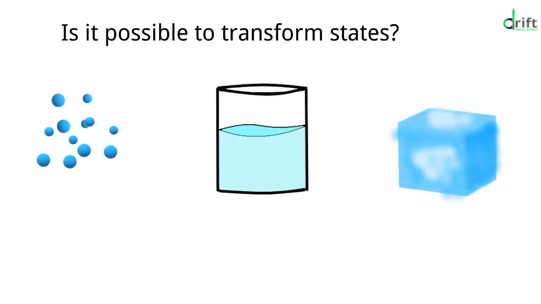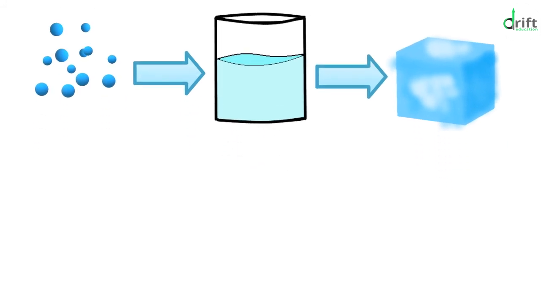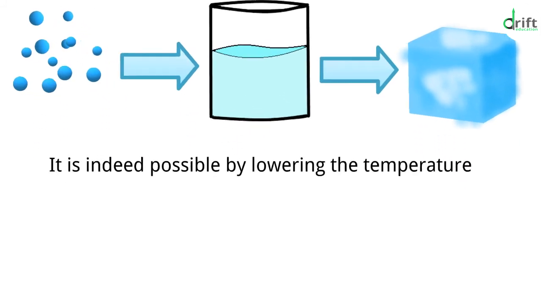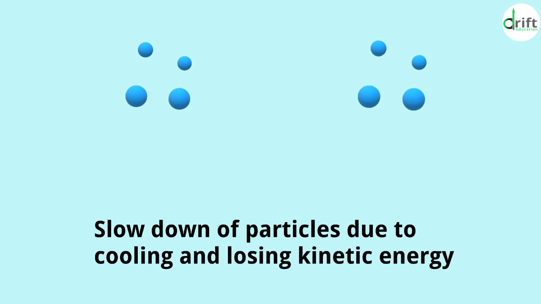Now, is it possible that we can transform a gas into liquid or a liquid into solid by lowering the temperature? Think about it. Yes, it is indeed possible by lowering the temperature. When a gas or a liquid is cooled, the particles lose much of their kinetic energy.